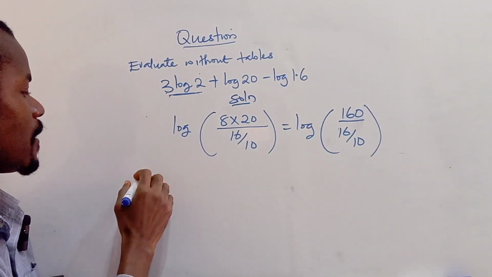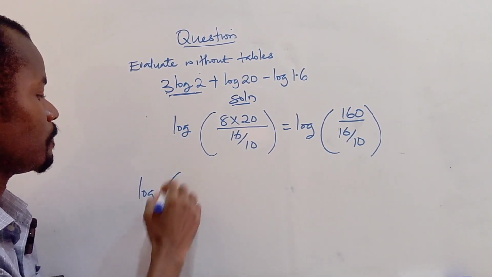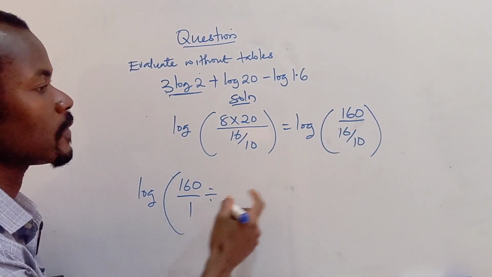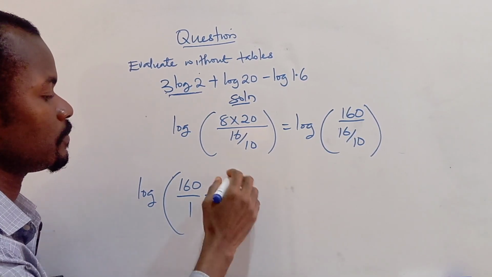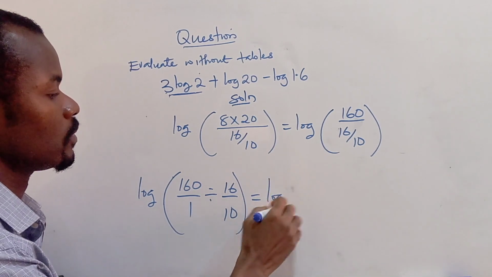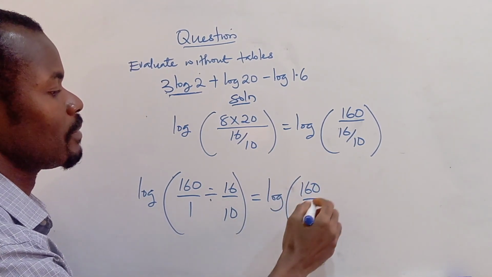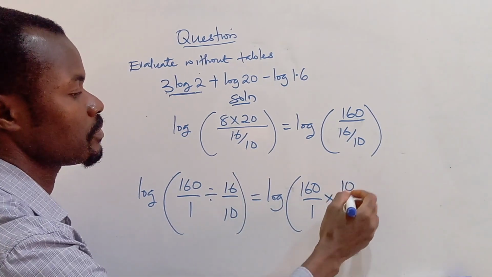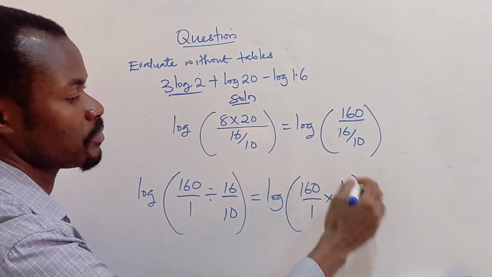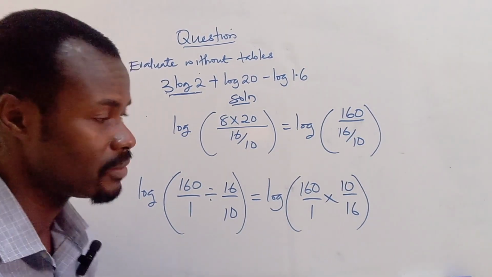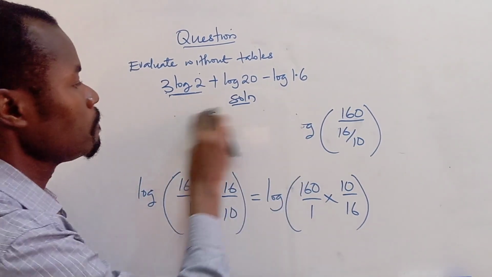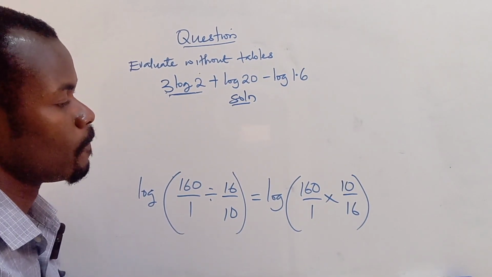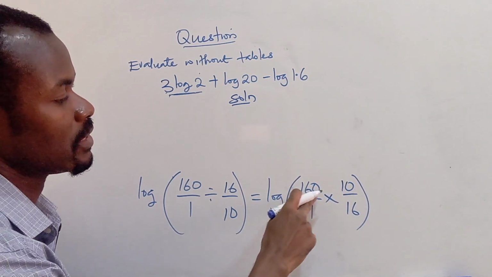So we have log 160 divided by 16 over 10. Let me revise this: 10 goes up and 16 comes down. That's your principle of fraction. So something can cancel out, or we can multiply 160 times 10.